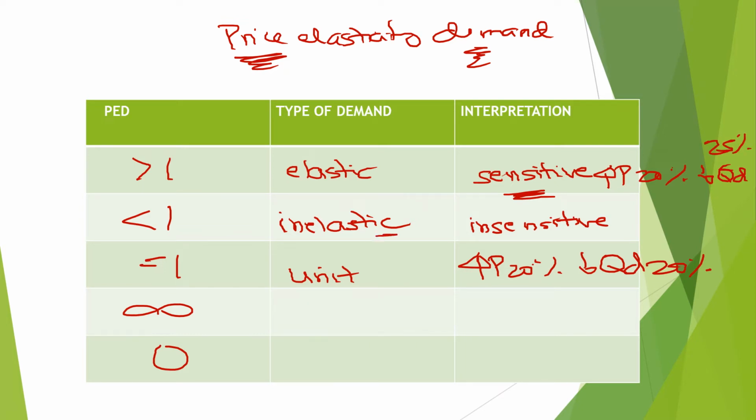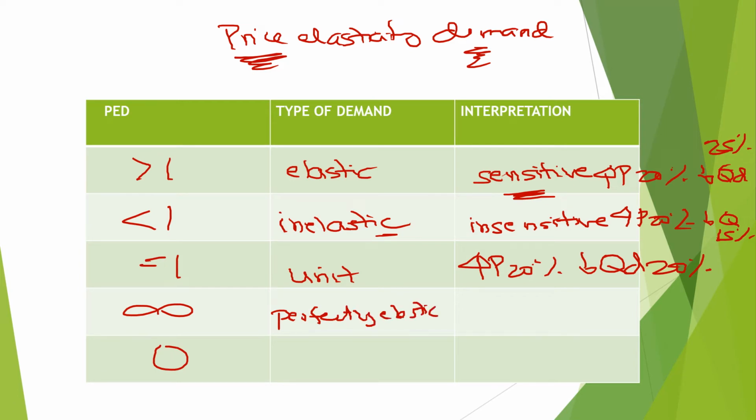In inelastic demand, if the price increases by 20%, the drop in your QD is small, let's say around 15%. So it's not that sensitive. It's responding, it's reacting, but the reaction is kind of weak. Then we also have an infinite, usually if you are to quantify this, big numbers like around 10, 15, 20, which are very far from 1, we can already classify it as perfectly elastic demand.